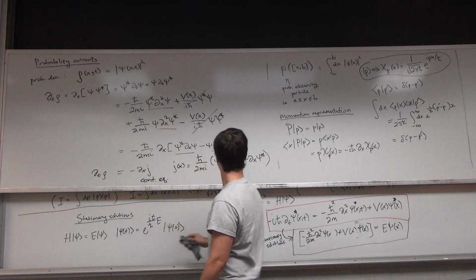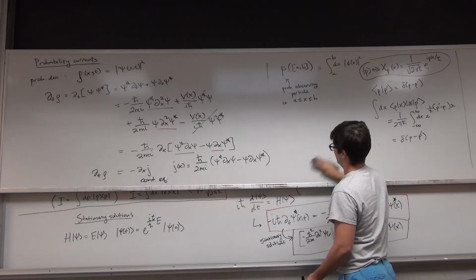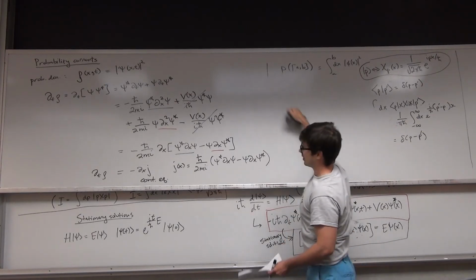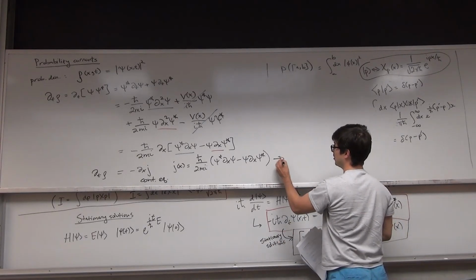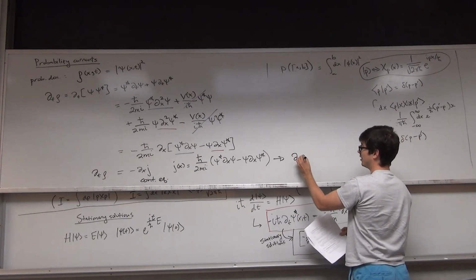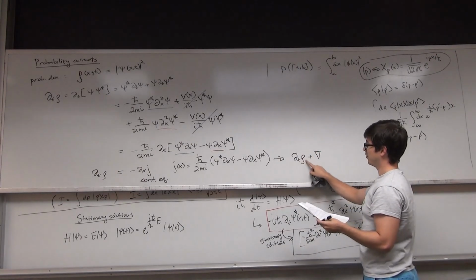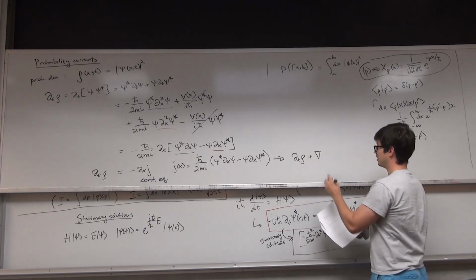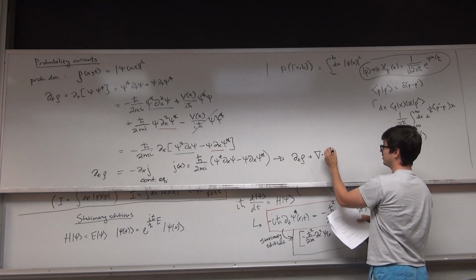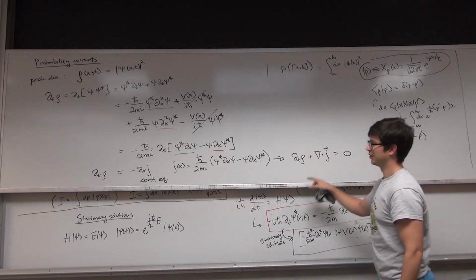It tells you that the generalization of this to 3 dimensions and so on is that the change in time of a density is equal to minus the divergence of a current. Of course, in 1 dimension it's just a single derivative like this.